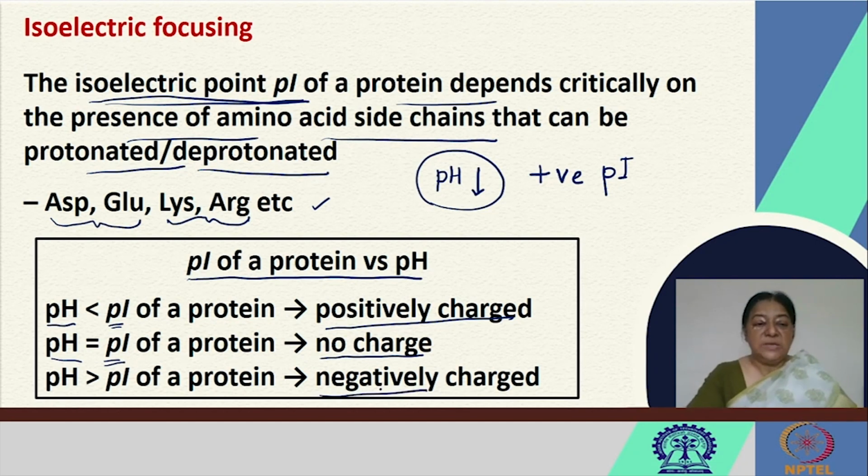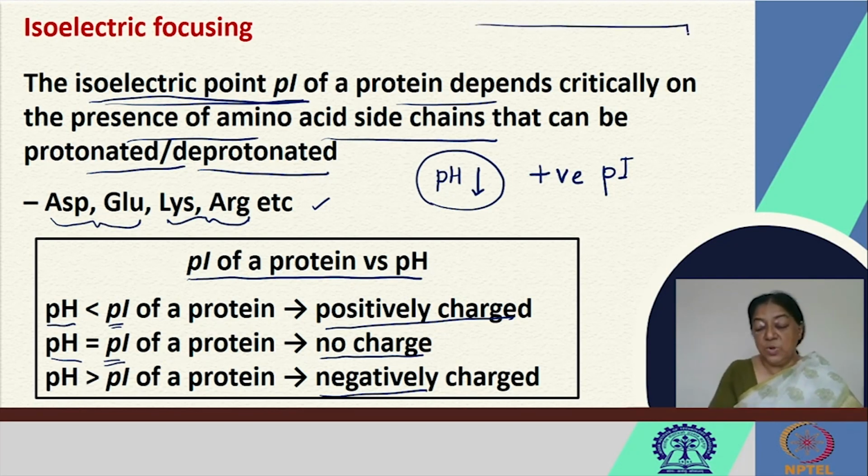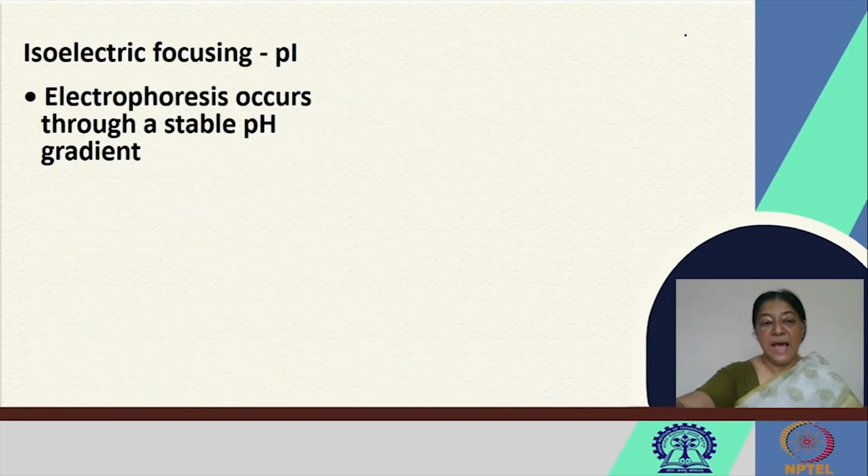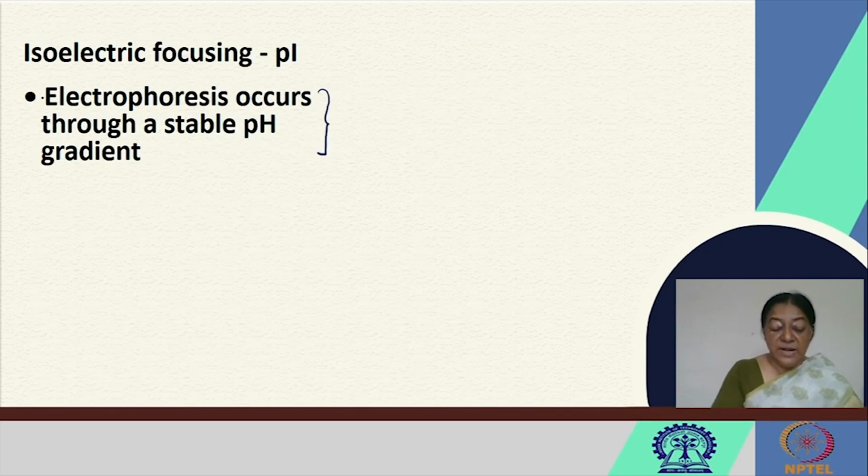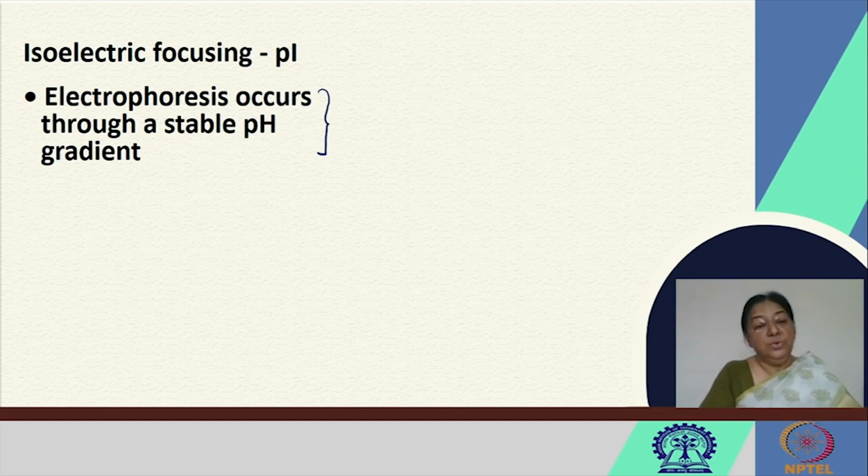So now if we subject our protein of interest through a gel that has what is called an ampholyte strip, with a stable pH gradient where electrophoresis is conducted, the movement of the protein will occur as long as the protein has a charge.